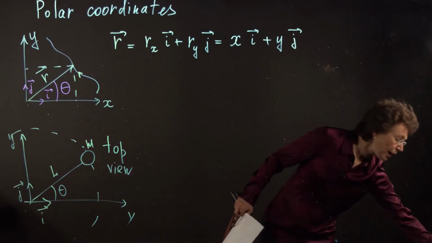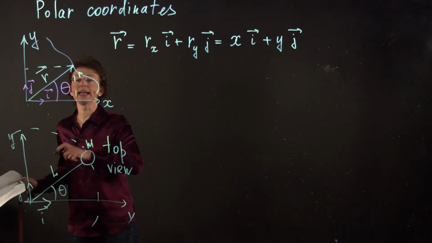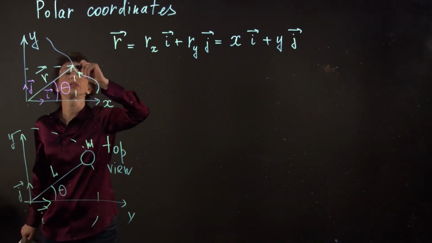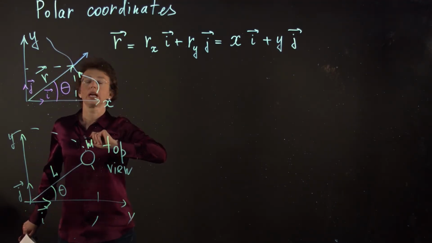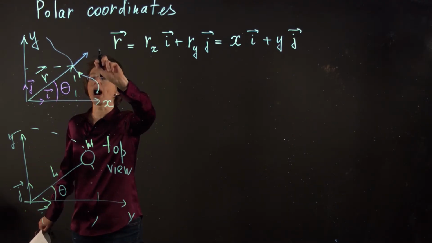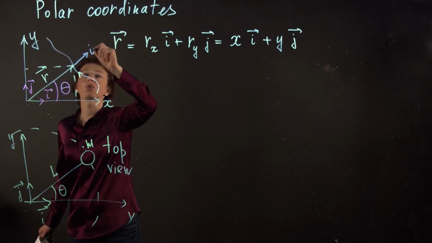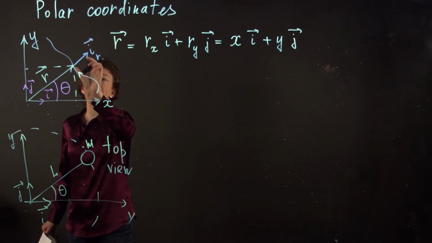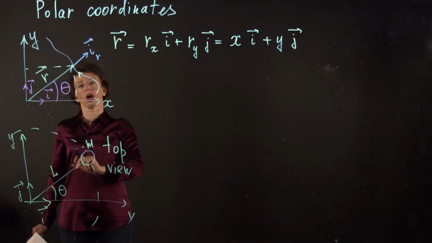And these unit vectors we will call i_r and i_theta. So I will have a unit vector along r. So this is just a continuation of r. We will call it i_r. This is a unit vector. Magnitude is by definition 1, and the direction is along r.